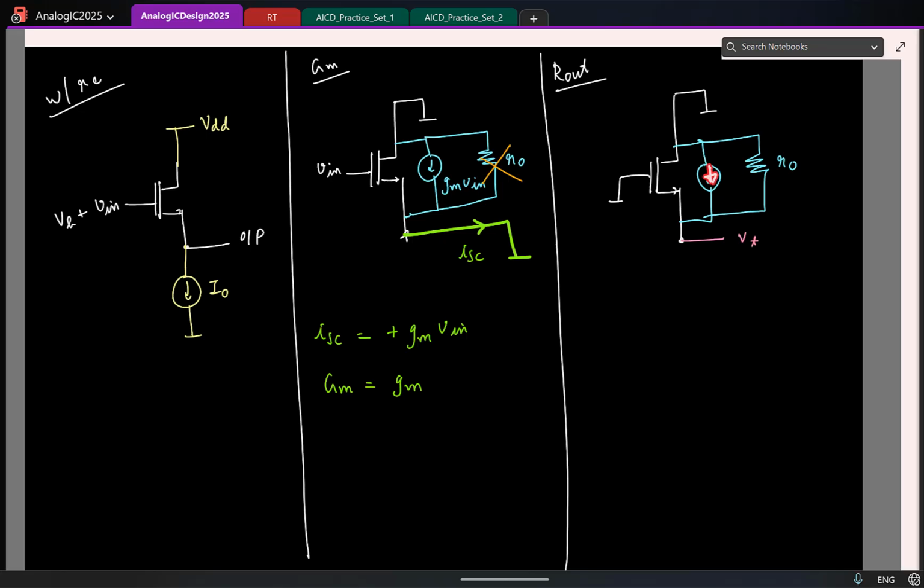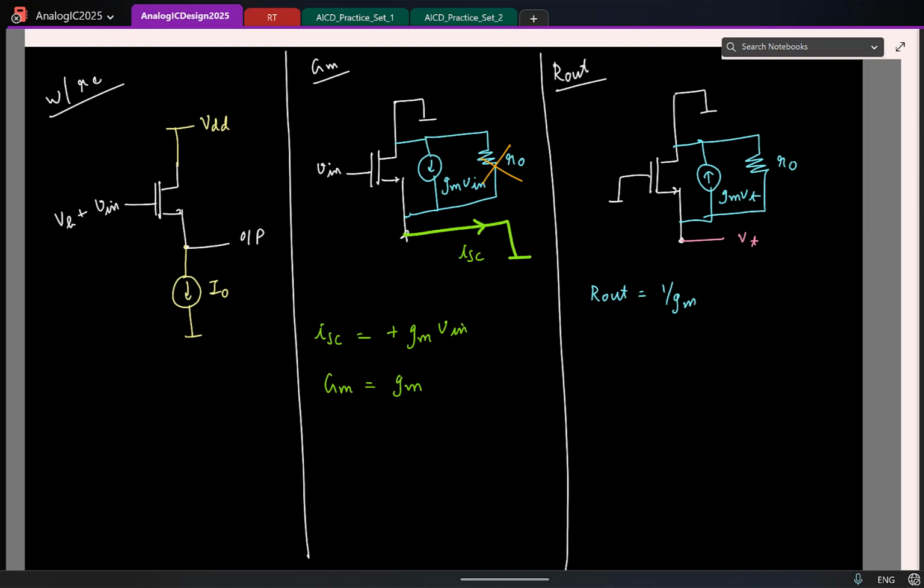What is the value of the current source here? Minus GM times V test. So I'll once again flip this and say this is plus GM V test. I mean, we already knew if R0 was not there, what is the output resistance? 1 by GM.